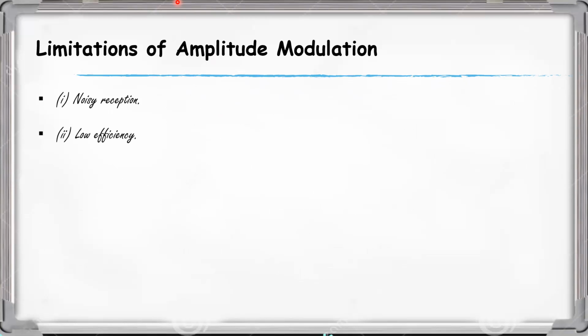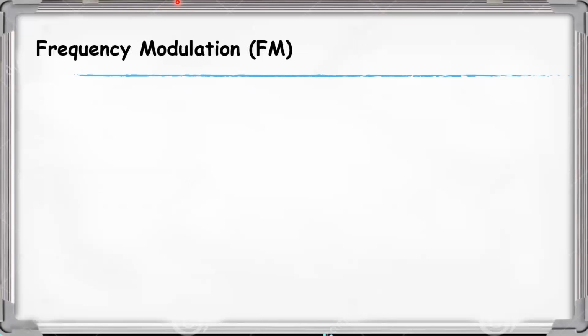The second is low efficiency. The third is small operating range. And the fourth is the lack of audio quality. These are the limitations of amplitude modulation.